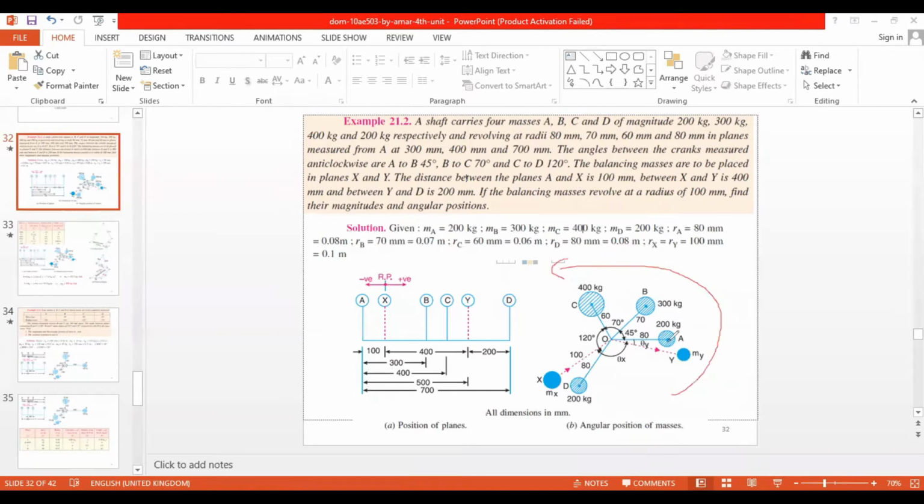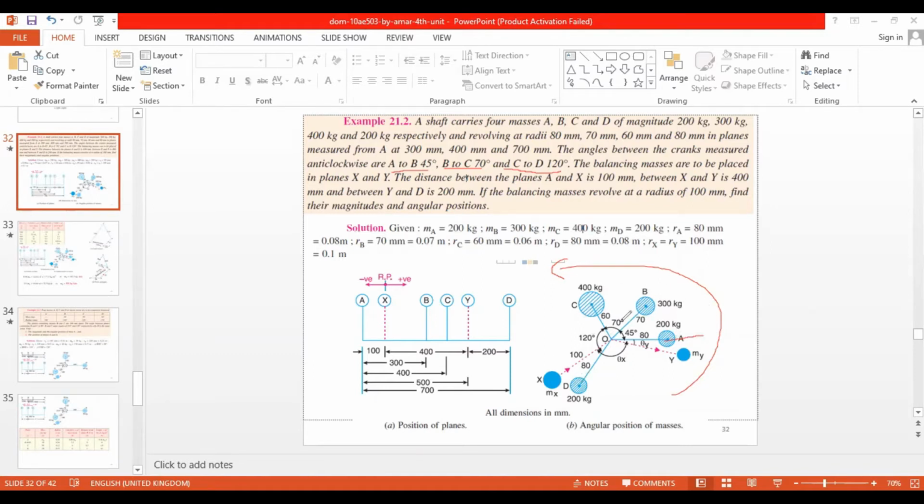These angles are given. While in the exam paper there can be a twist. It can either be A to B 45, B to C 70, and C to D 120, so here it is clear. There can also be a case where, from A, the angles for B, C, and D are 45, 115, and 235 respectively.